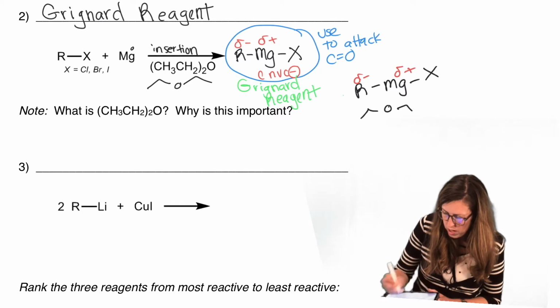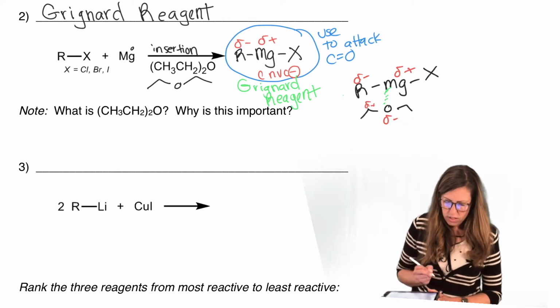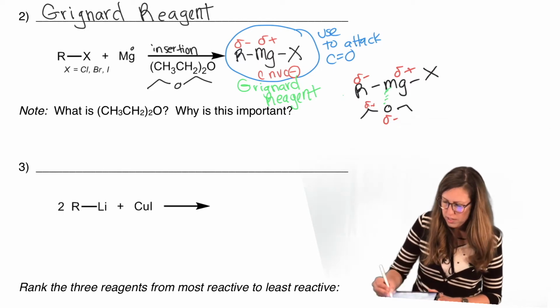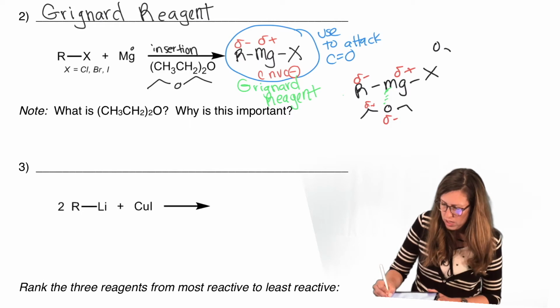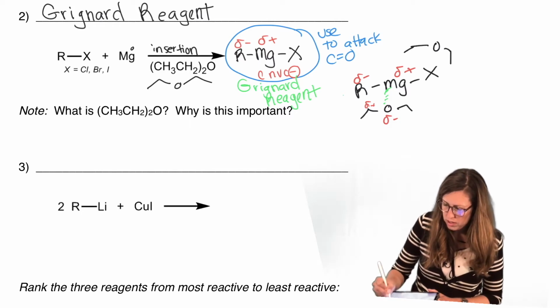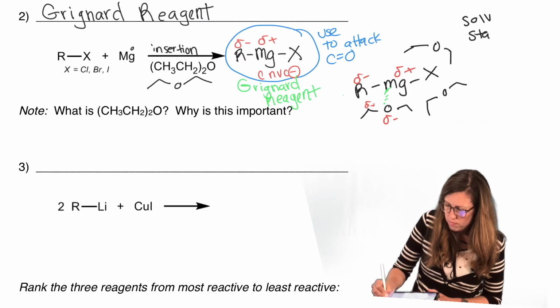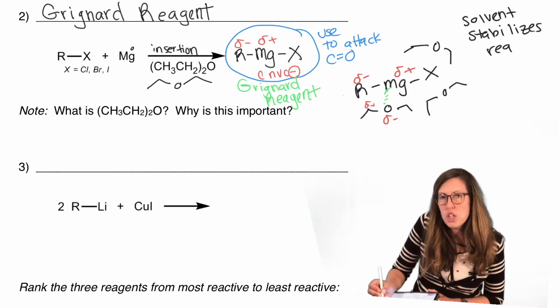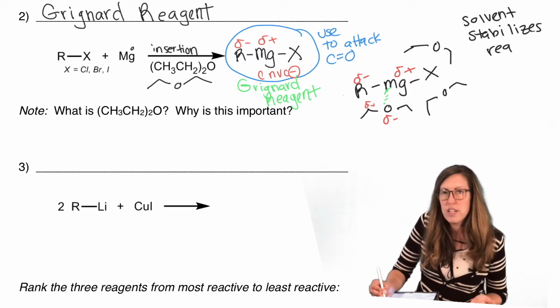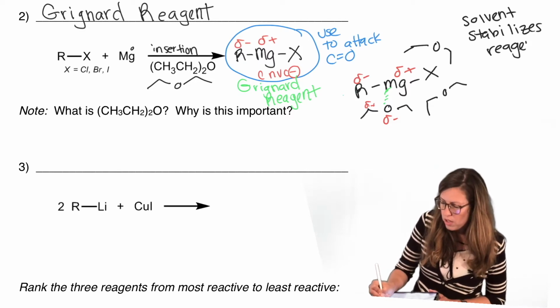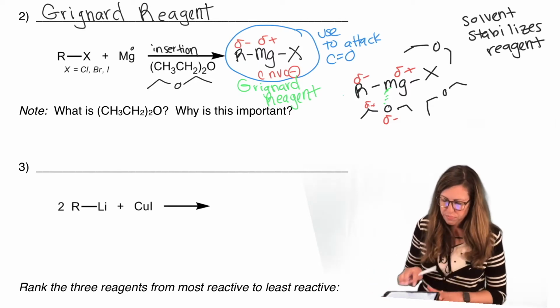Remember that oxygen has the delta minus, delta plus there. You could get that intermolecular force. So it stabilizes the reagent, and it'll associate all over, making a little cage. Different ethers are chosen for this. Diethyl ether is very common, but other ethers could be chosen as well, sometimes even THF.